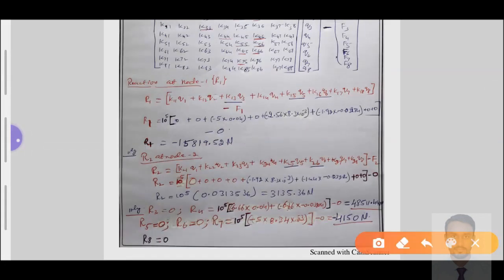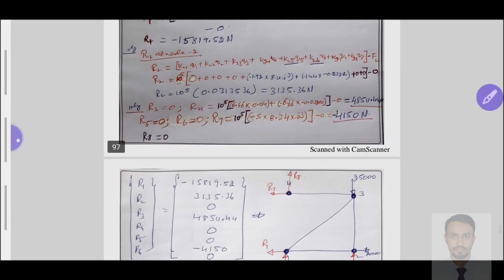Minus F is 0, and we got the vertical direction reaction force at node number 1 as 3135.36 Newton. Similarly, where the reactions are there, we need to find them. We have taken the fourth row to find the reaction at node number 2 in the vertical direction, which is equal to 48511.444 Newton.